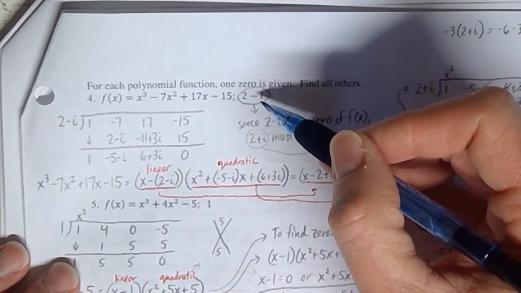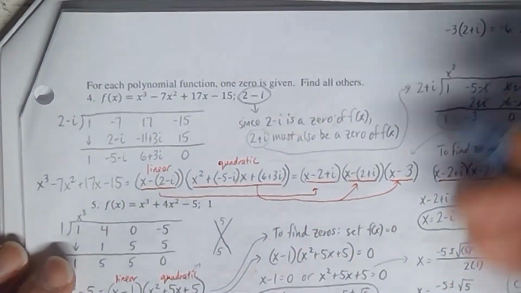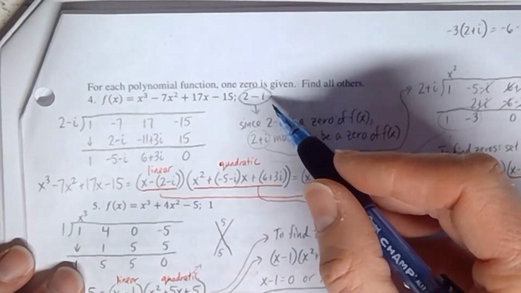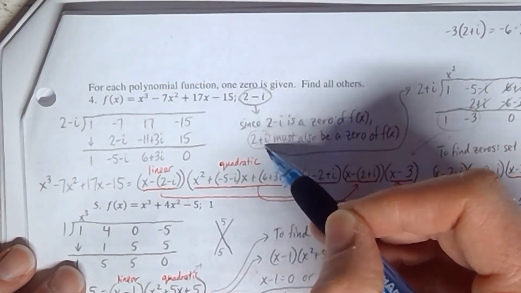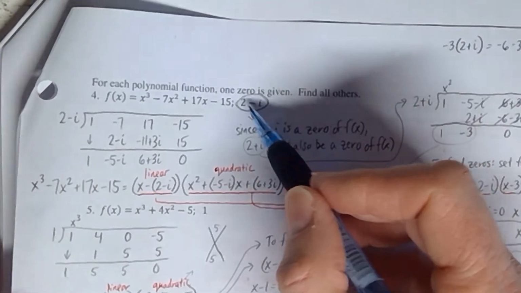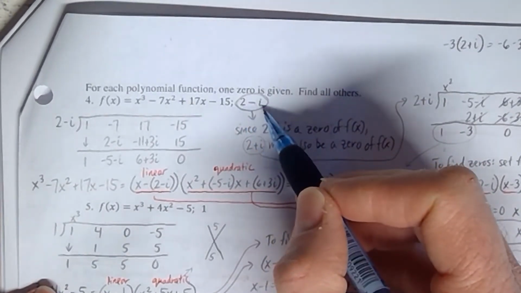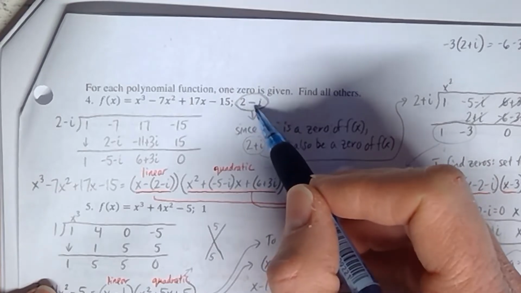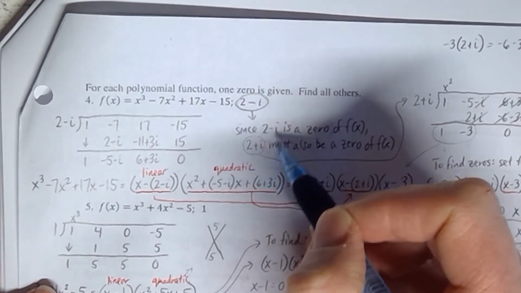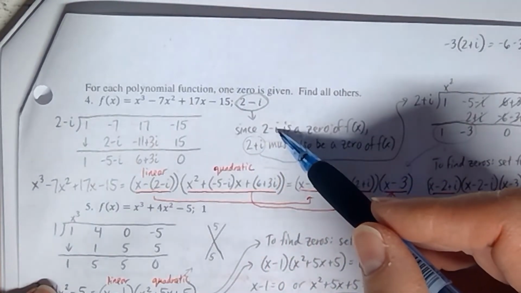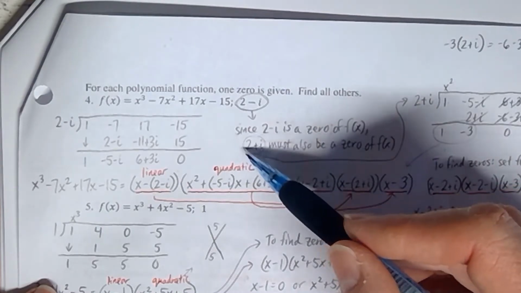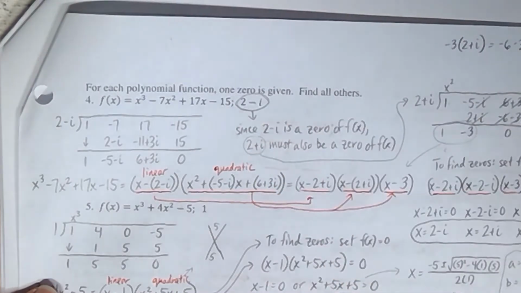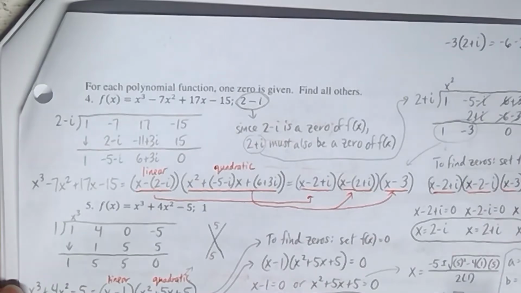Okay, so if they don't tell you that some imaginary number out there is a 0, you can't use the conjugate zeros theorem in order to come up with another 0. Okay, so only when they give you an imaginary number and they say that it's a 0, do you use the conjugate zeros theorem by then saying that the other one, 2 plus i, is also going to be a 0, and then you can use that.